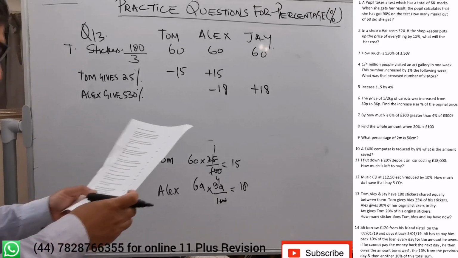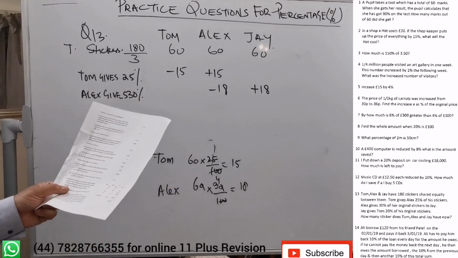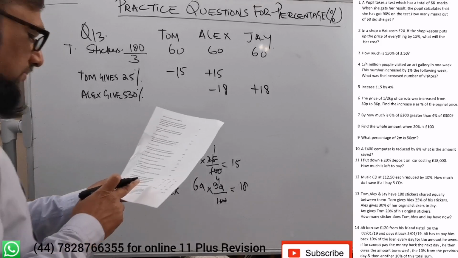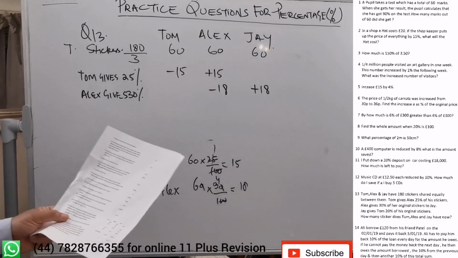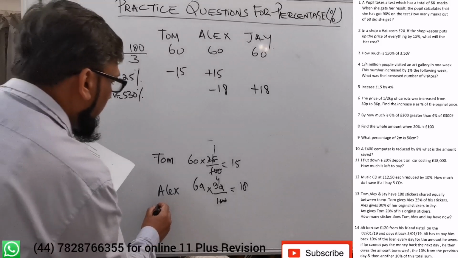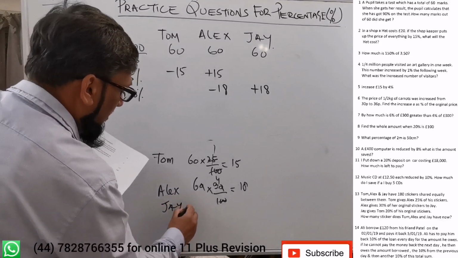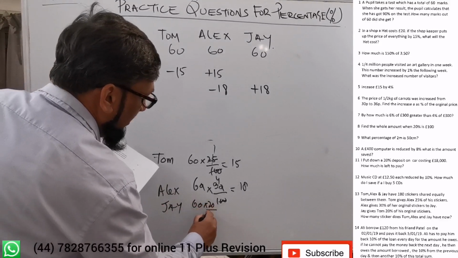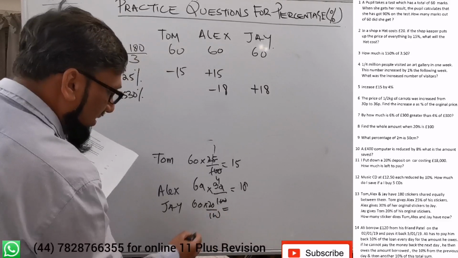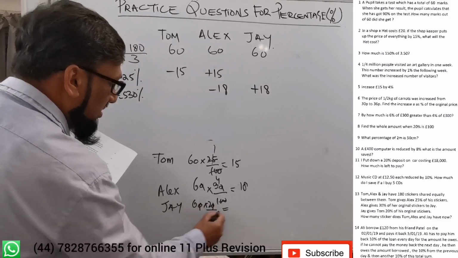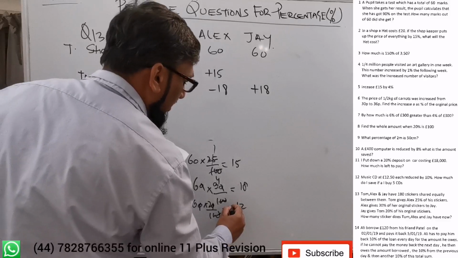Now move to the last line. J gives Tom 20% of original stickers. So J, 60 times 20%, these 2 zeros cancel. 6 times 2 is 12.